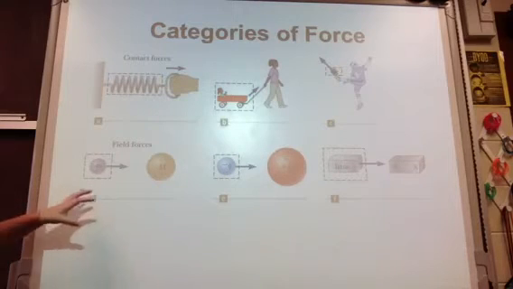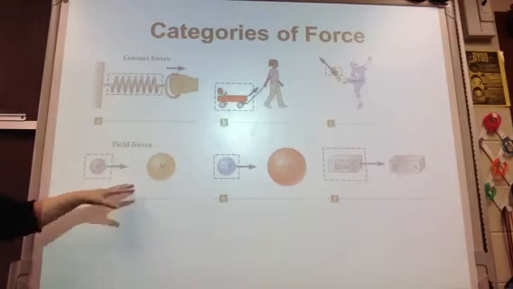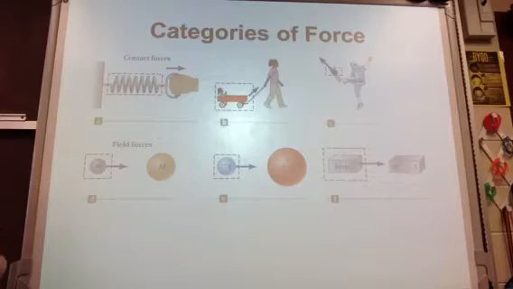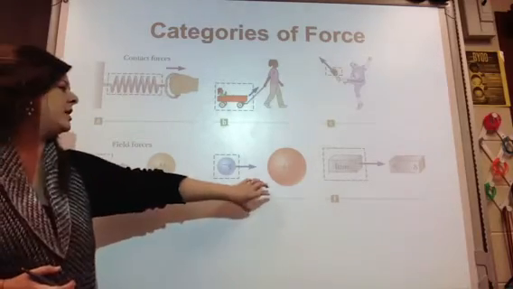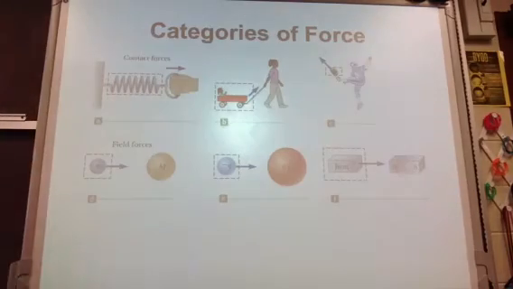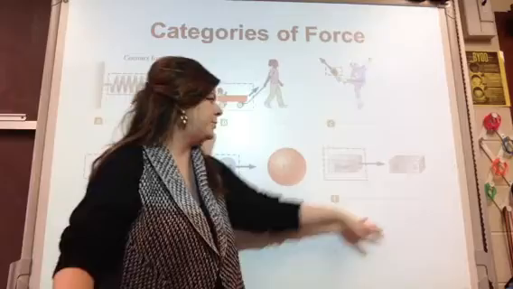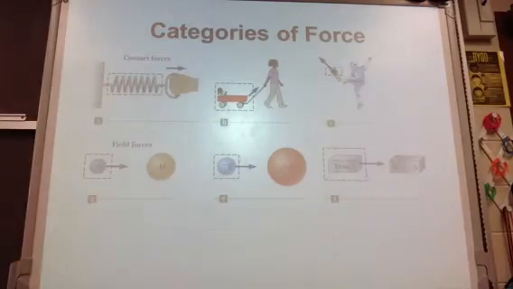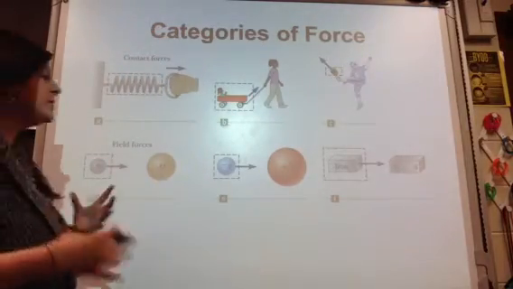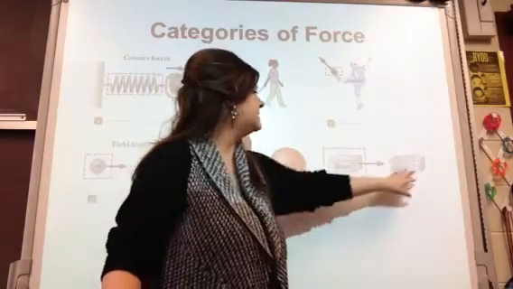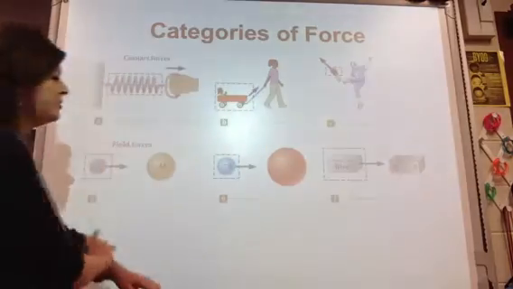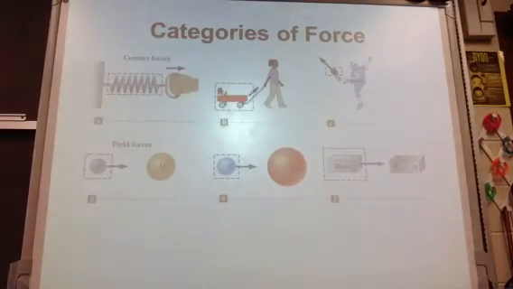Examples could be gravitational force, which would be between 2 masses. I could have an electric force, which would be between charged particles. I could also have some type of magnetic force, which would be between 2 things with magnetic strength. In this case, I have a magnet that would be attracting iron.